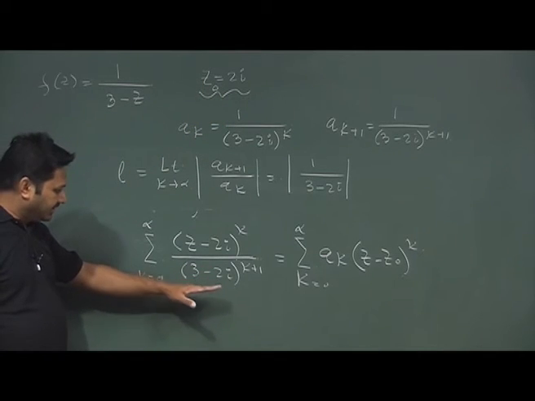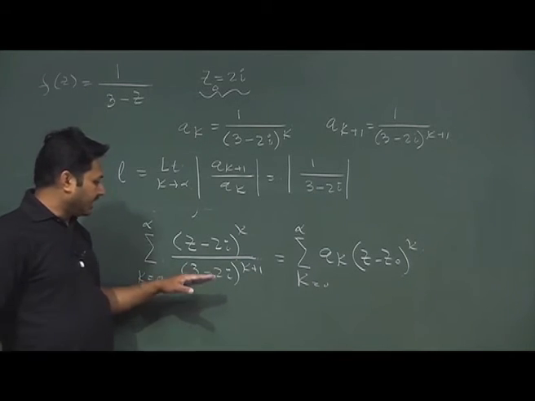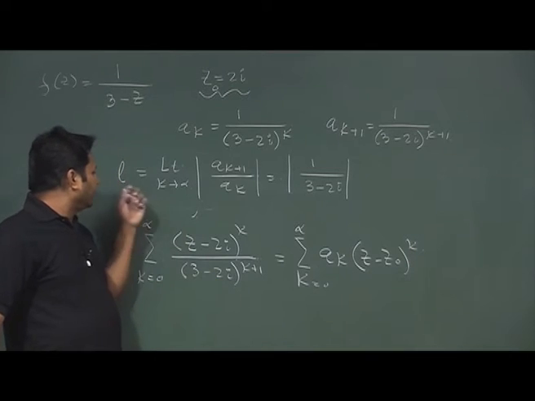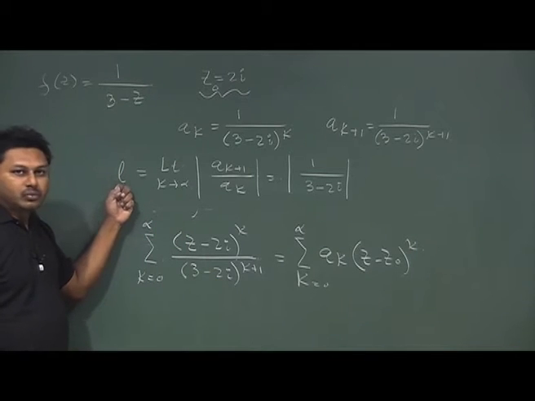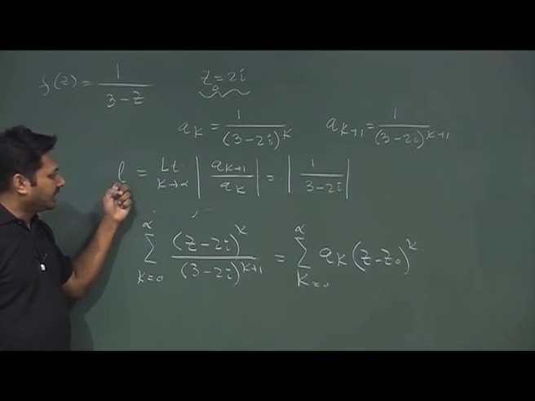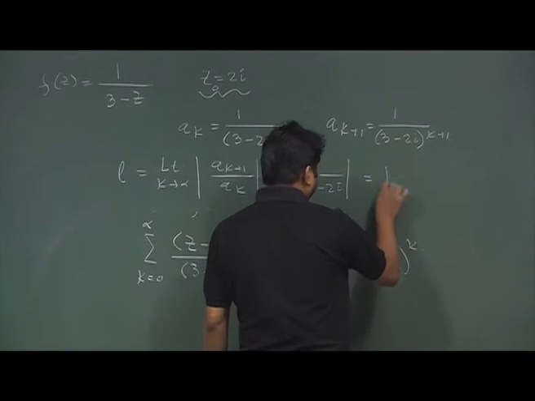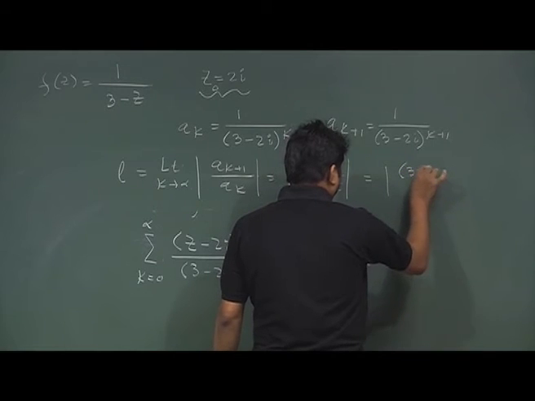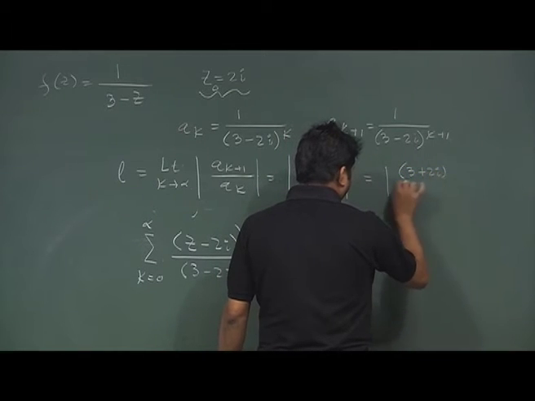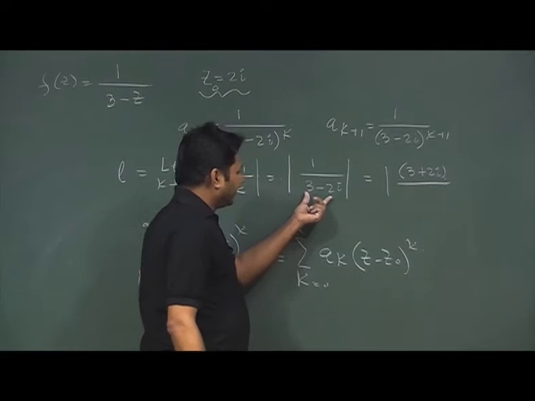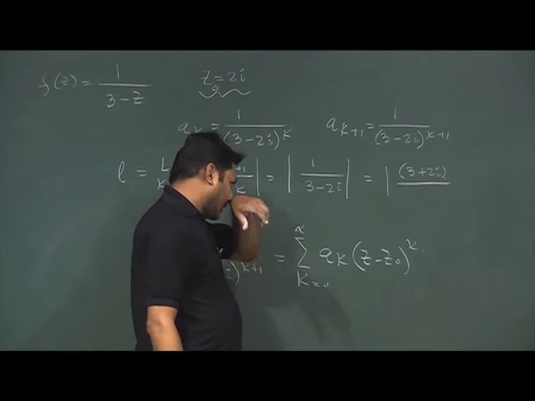Now I need to mention the radius of convergence, and the radius of convergence is coming from this fact: the L value, 1 by L should be my R, the radius of convergence, and this quantity I need to find out. So it will be simply mod of 3 plus 2i, divided by this, a plus b into a minus b, a square plus b square.